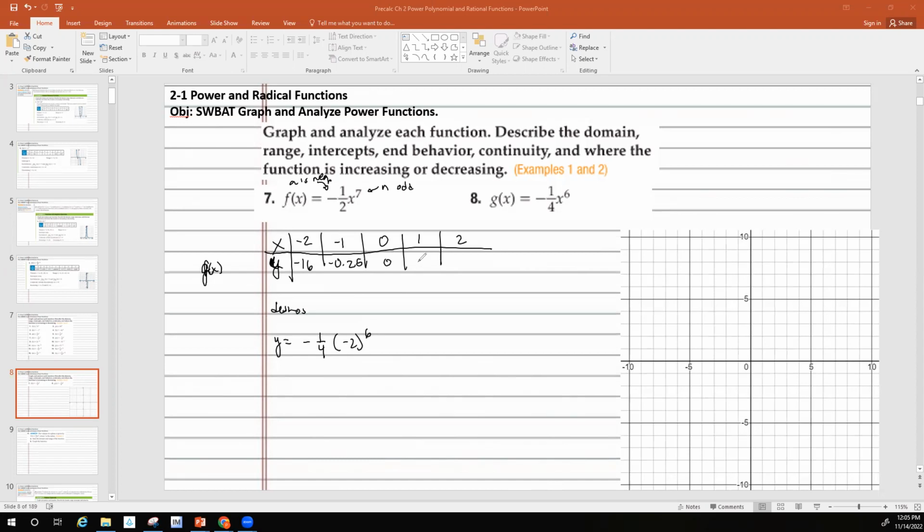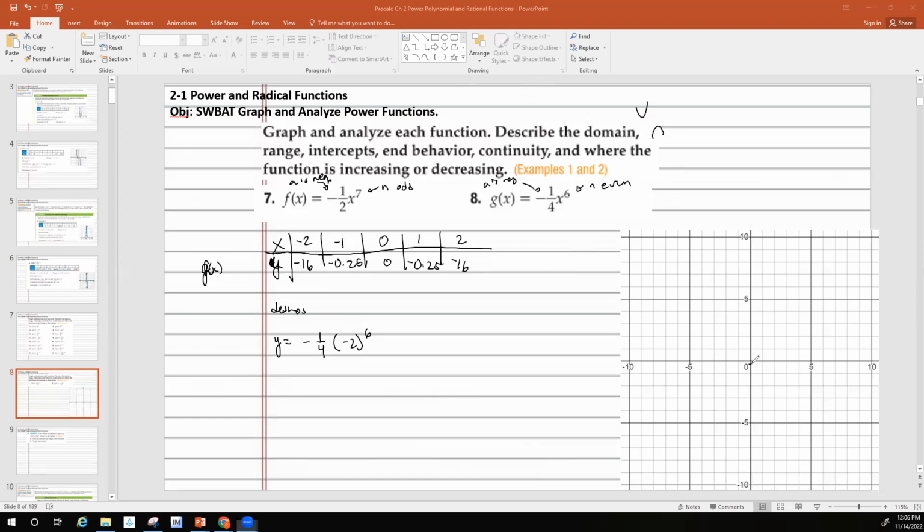And if you do, you get negative 16, negative 0.25, 0, negative 0.25, and negative 16. So these are the same, negative 16, negative 0.25. The reason why is because it is an even n. So that means we're going to get a parabola going up or a parabola going down, and because our a is negative, that means we have a parabola that's a frowny face, right?